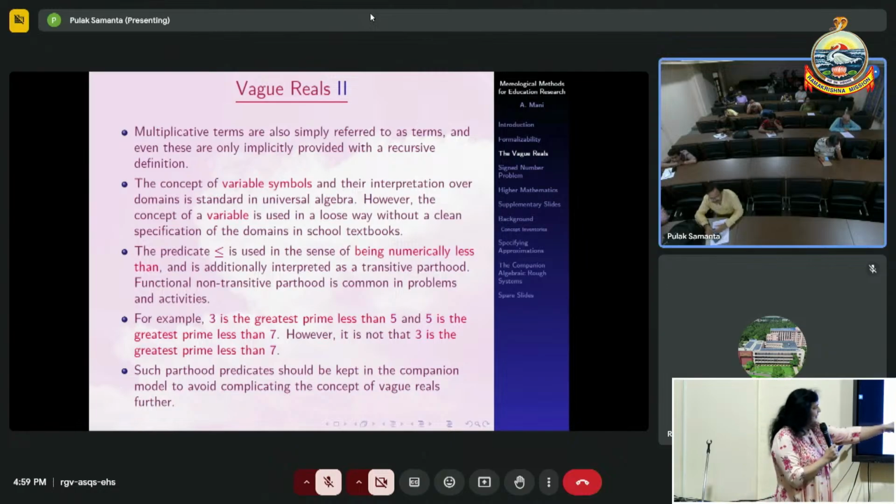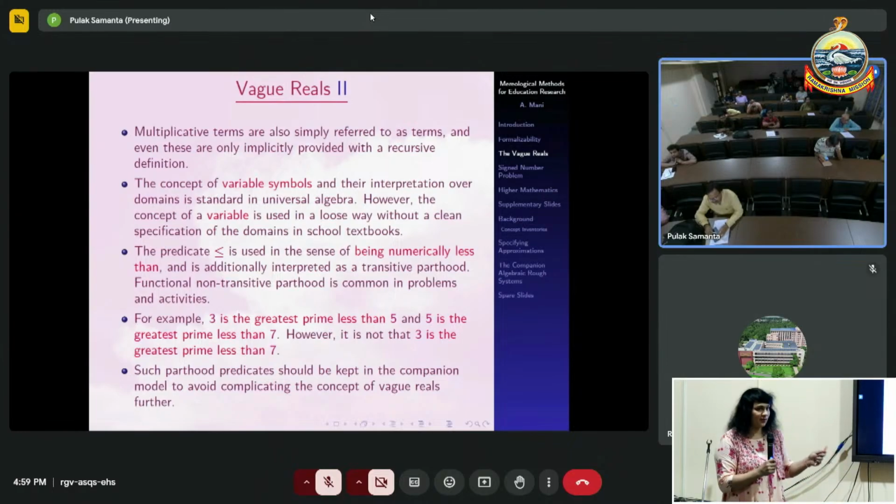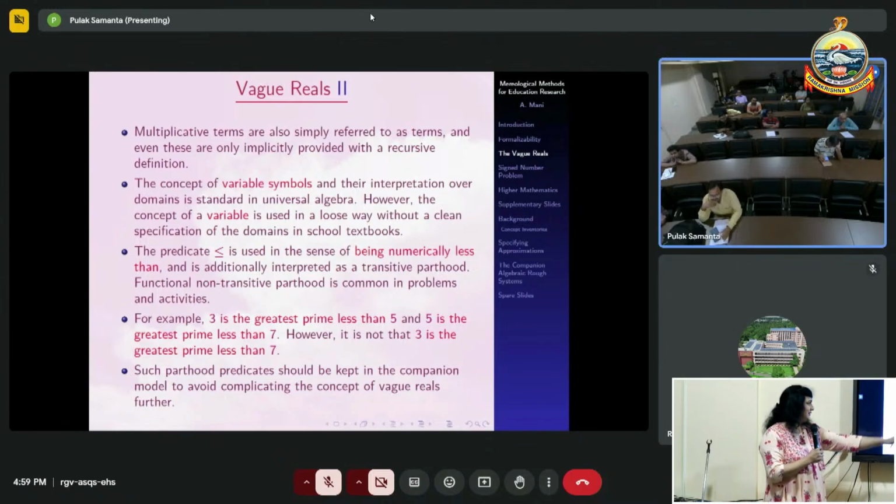And here this is an example of a functional parthood predicate. Functionality is in the philosophical sense, not in the mathematical sense. That means there is some parthood plus some function, and they may be completely combined. You may not be able to split them. So it's that kind of functional. So this is non-transitive, and that's an example.